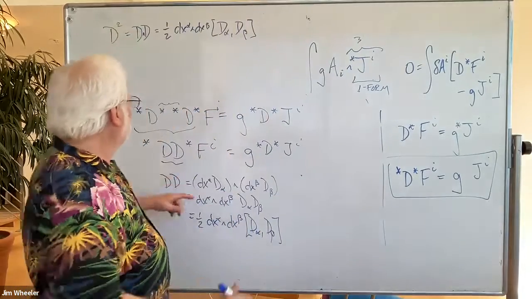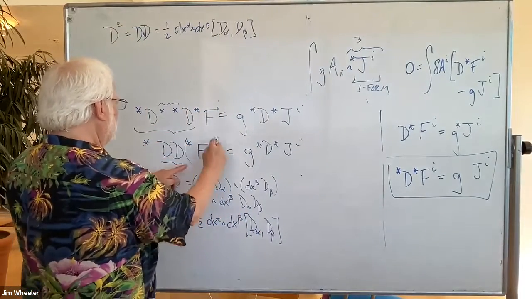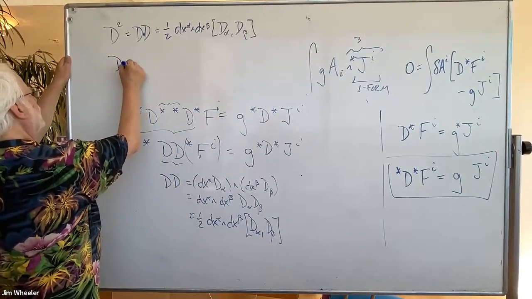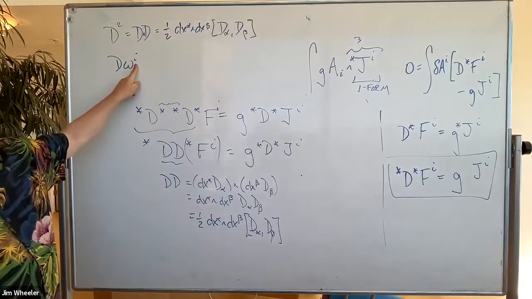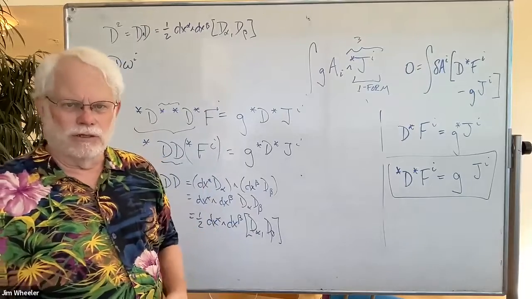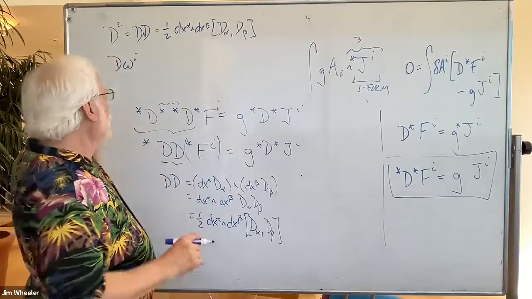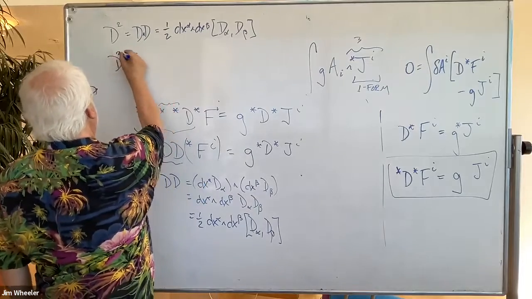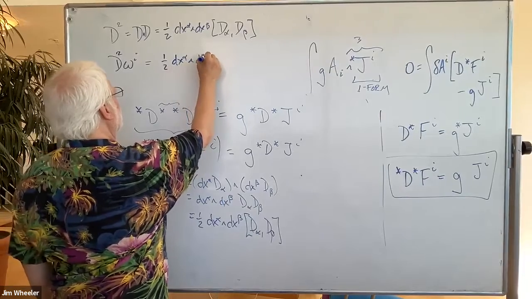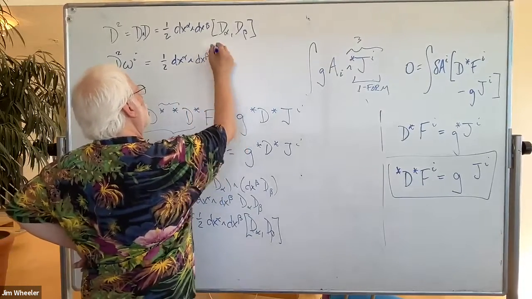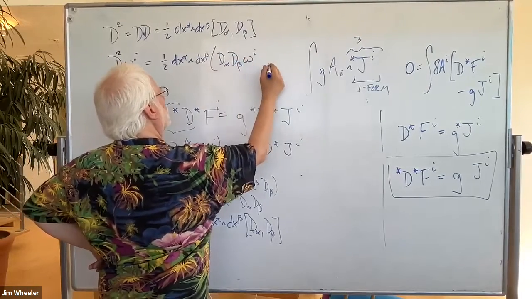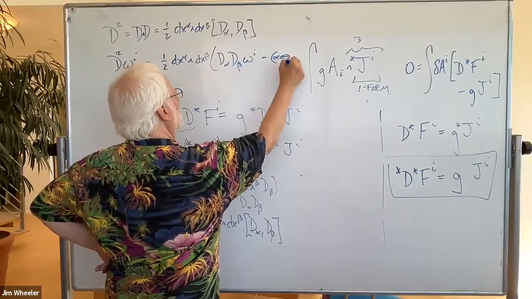Now, in fact, we're going to be interested in its action on star F, but let's just look at it on any Lie algebra vector. A single Lie algebra index is a vector in the Lie algebra. Whatever else it might be, it's a vector in the Lie algebra. So D squared on that is 1/2 dx^alpha wedge dx^beta. Then we have D_alpha D_beta of omega^I minus alpha beta interchange.